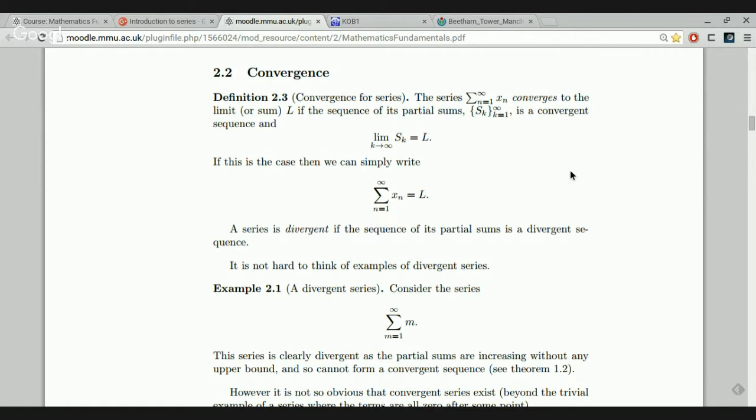If Sk converges to L as k tends to infinity, then we say that the infinite series is convergent, and we'll say that the value of the sum, and we'll write the sum from n equals 1 to infinity of xn, we'll actually write it's equal to L. So there will be situations, and we'll see some shortly, where we can say that an infinite series, adding up an infinite number of terms, does come to a finite number. And we'll see some examples now.